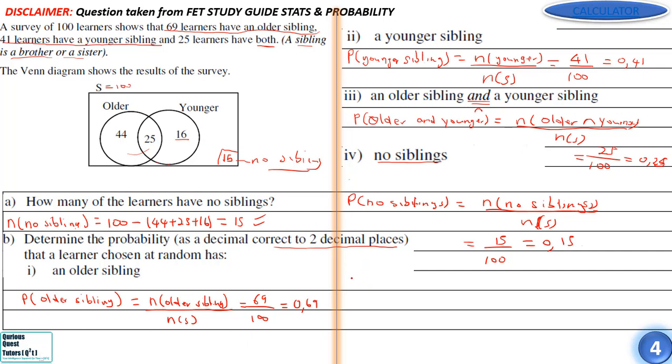Let me introduce one last question. What if they asked us the probability that someone has an older sibling or a younger sibling? How would you solve that one?